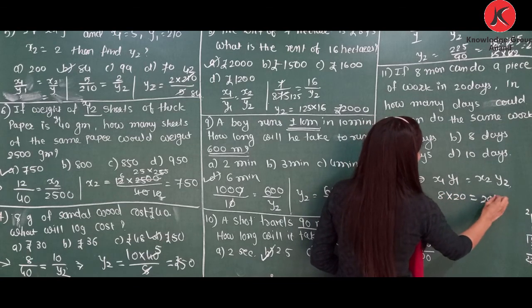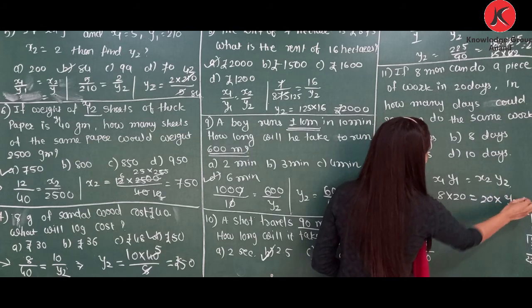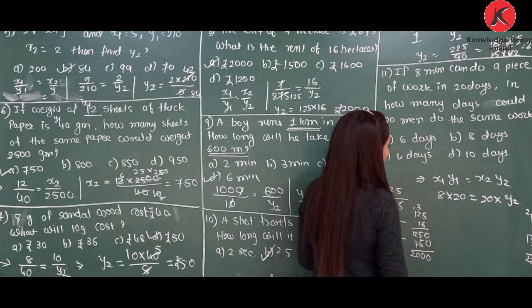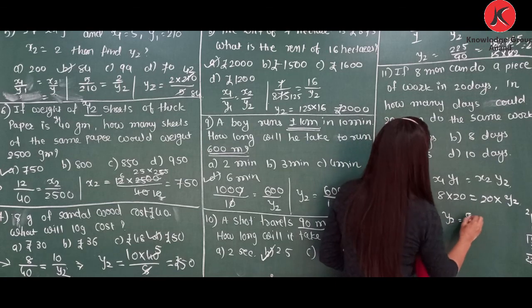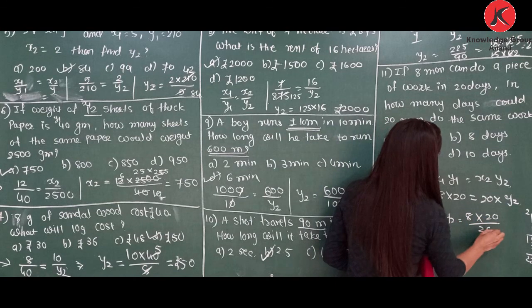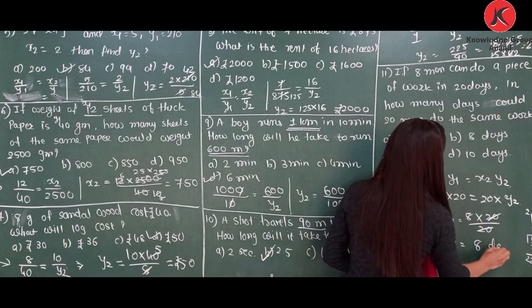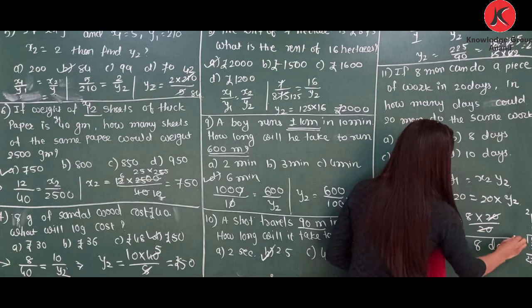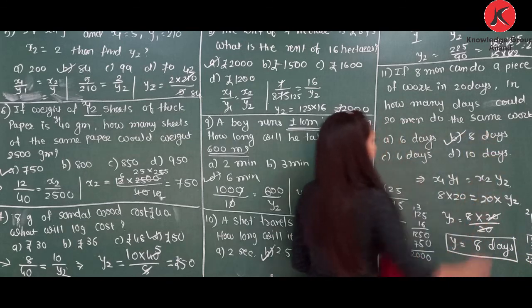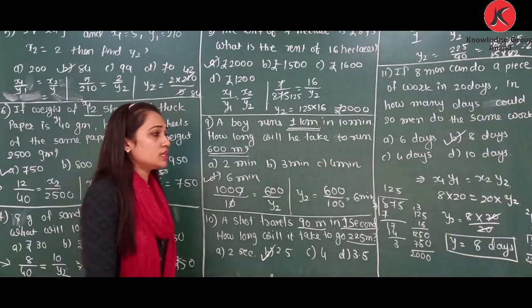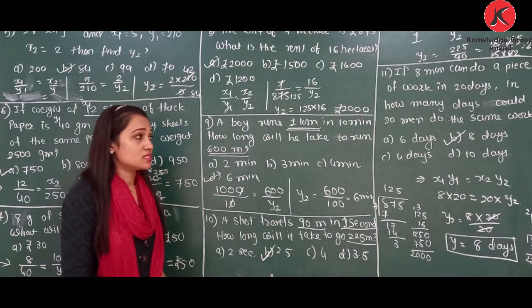So 20 men can do the work in how many days? So 20 will be in a divide. So y2 will be 8 days. So if 20 men are working, then the job will complete in 8 days. So this way you can find the answer in MCQ.